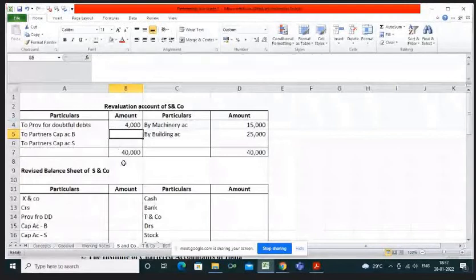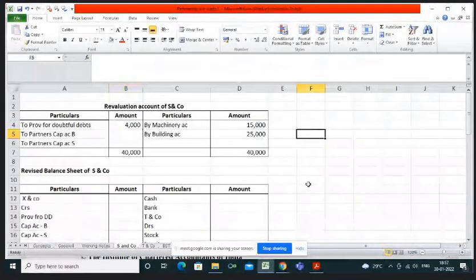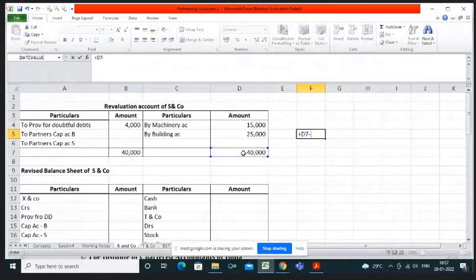Now I will see how much is the net profit in terms of revaluation. 40,000 on the credit side and 4,000 on the debit side. So it is totally 36,000. What should I do with the revaluation profit?